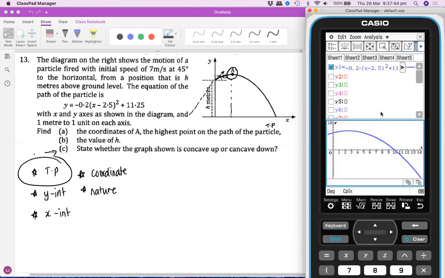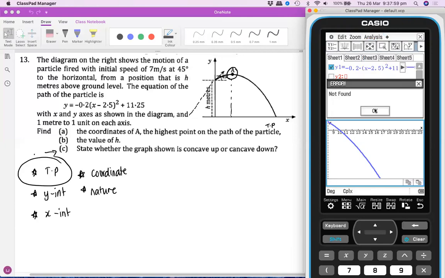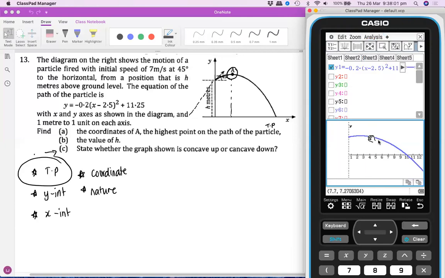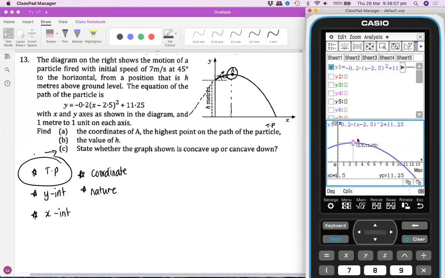Also, if I drag it to, for example, this point here, where you don't really see the turning point, and I try to find the maximum, it also doesn't find it. So you've got to make sure it's actually showing on your graph. So let's do that: analysis, G-solve, max. Here we go. Here's my turning point.